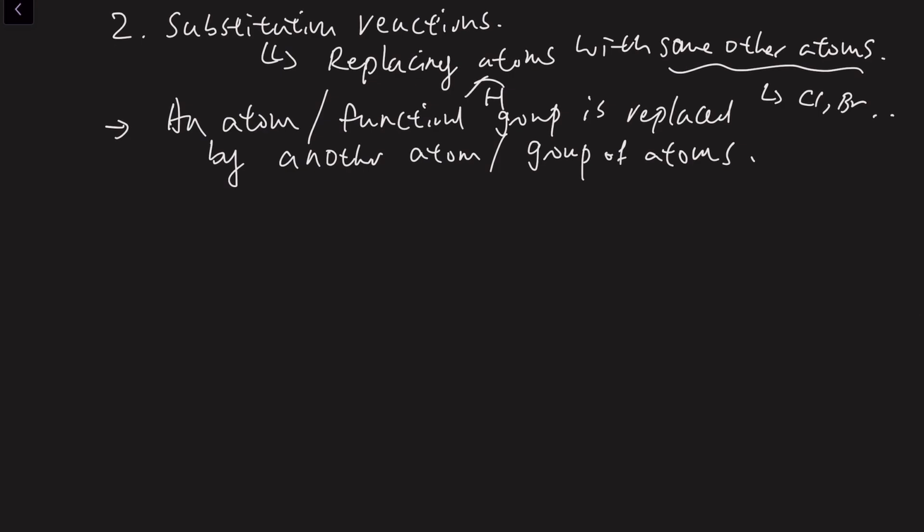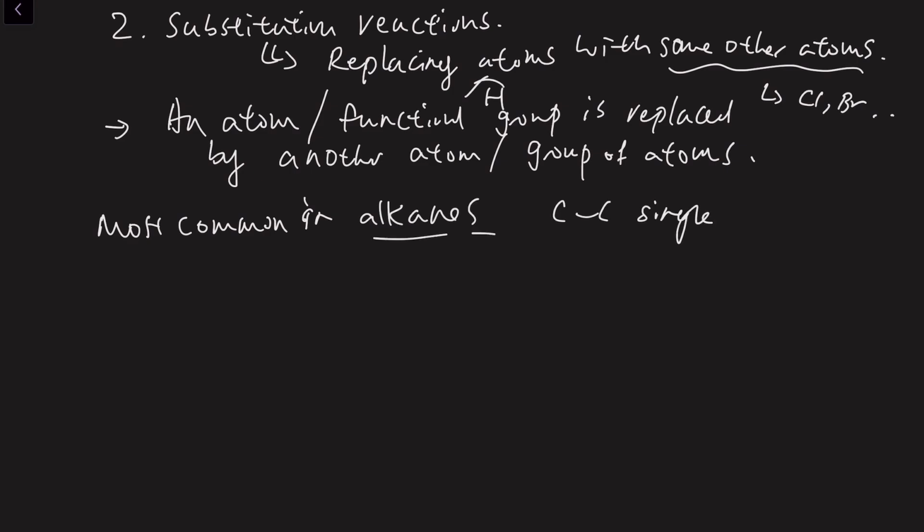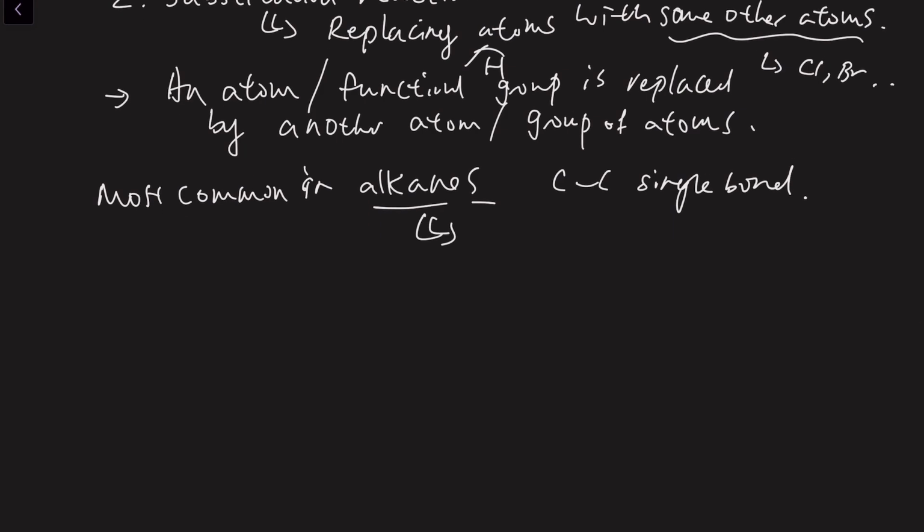So this is most common in alkanes. So those with carbon-to-carbon single bond. So we know that alkanes, they are saturated hydrocarbons. So because it's saturated, we know that the single bond is very strong.